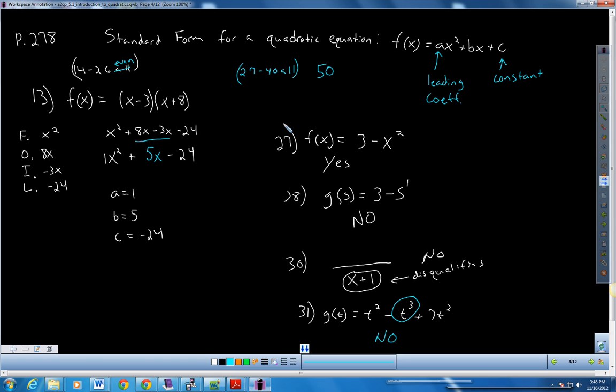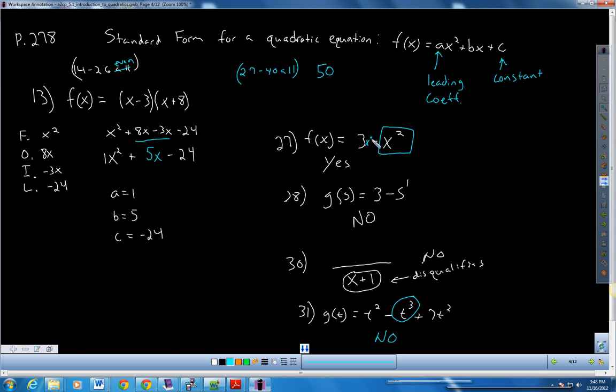We're trying to determine whether or not it is a quadratic function. You do that by looking first for a variable raised to the second power. I have a variable raised to the second power here. Although I don't see any other variables, this is really all I need, and I need to see that if there are other variables, they can only be raised to a power of 1 or 0. And this, in fact, is raised to a power of 0. That's like saying 3x raised to the 0 power.